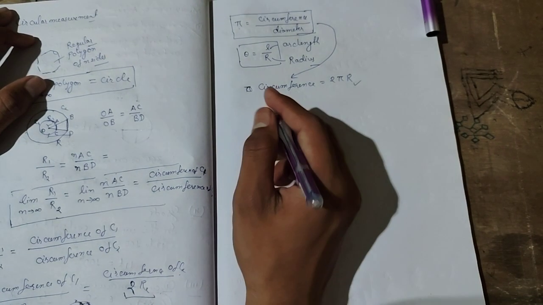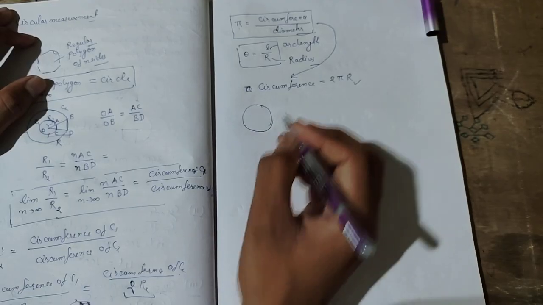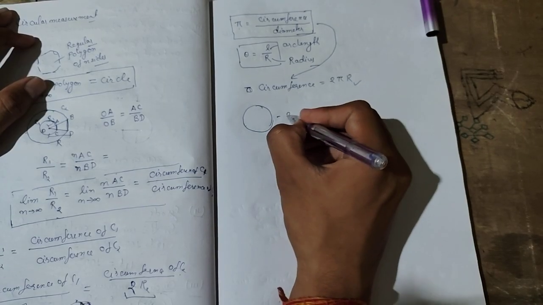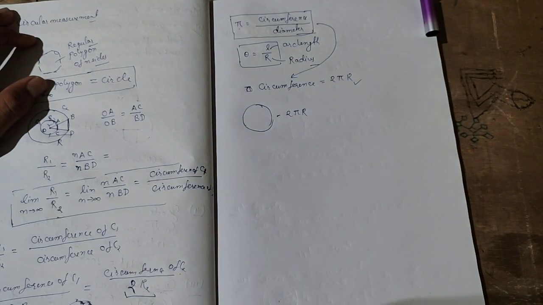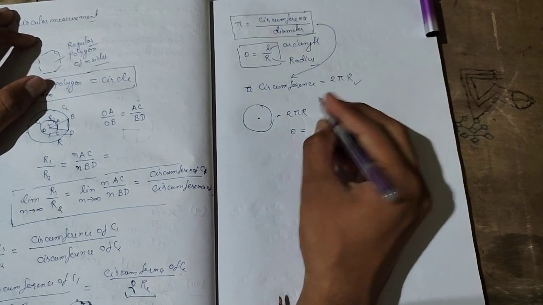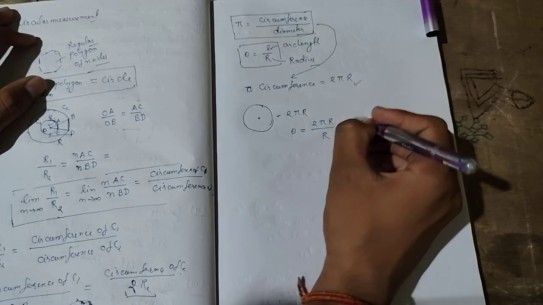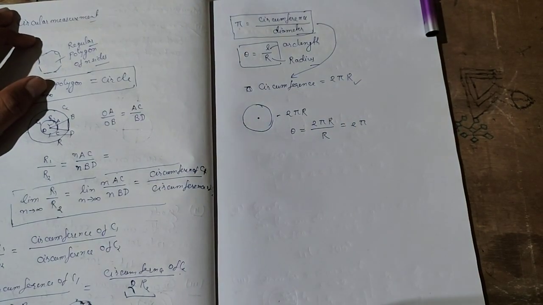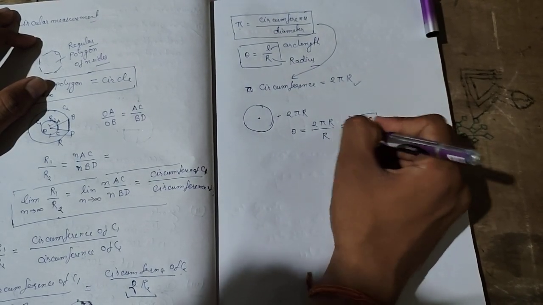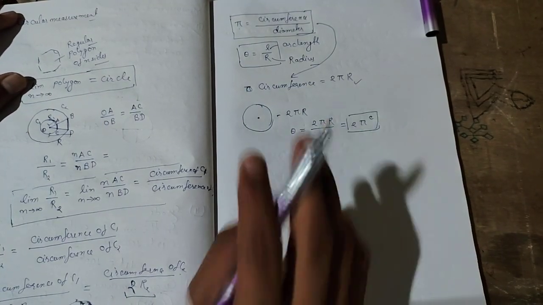Now I have a circle whose circumference is 2 pi r. So what angle does it cover? The angle is 2 pi r by r, and that is 2 pi. So one complete circle makes an angle of 2 pi radians.